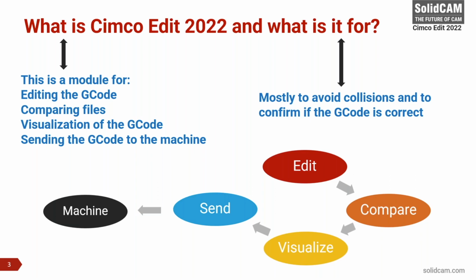Even today, before it goes to the machine, I just put it through CIMCO, because once CIMCO clears it, I know that we are not going to have any issues on the machine straight away. So the whole idea of CIMCO is to check for collisions or issues of the G code in the NC file.